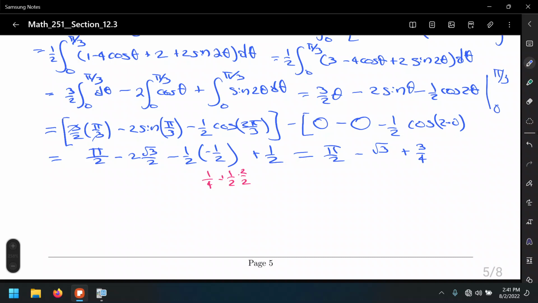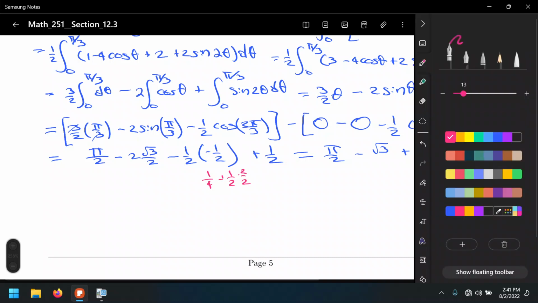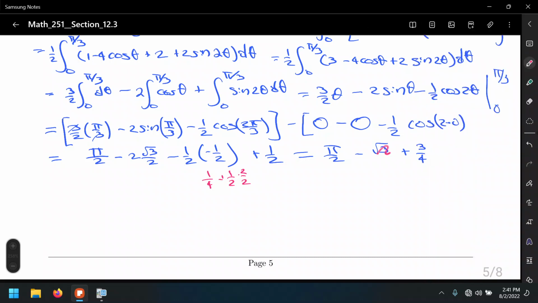And we can combine these three together into a single sum by just finding the LCD. So that's 4, 4, and 2, and 2. So that's going to be 2 pi plus 4 root of 3 plus 3, and everything over 4. Alright?